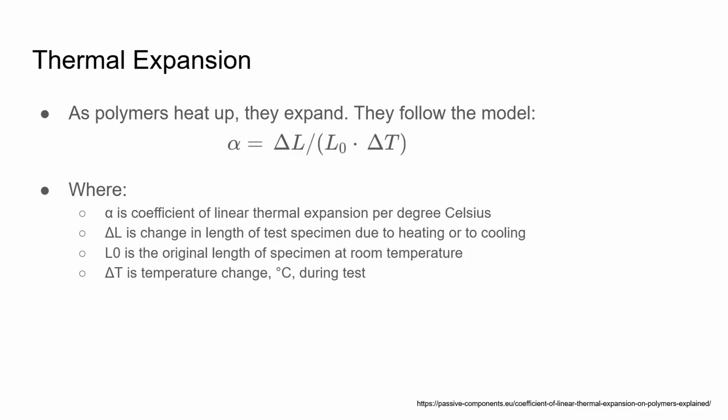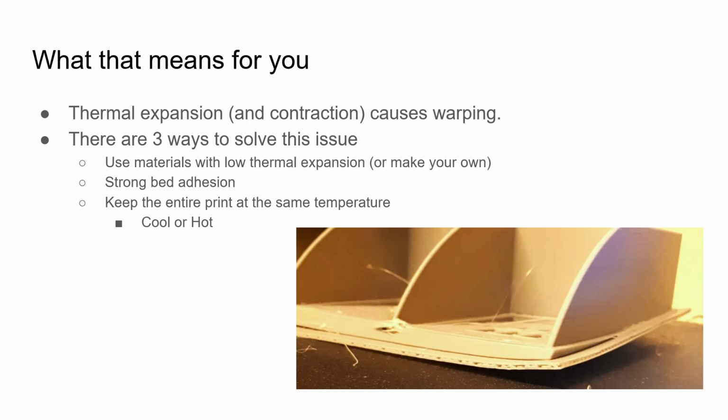So what that really means to you is it causes warping. You can see here, right? The biggest thing is you have a cold layer that's starting to cool down and a hot layer on top of it. And what that does is they kind of pull on one another because they're cooling at different rates and they're contracting a little differently.